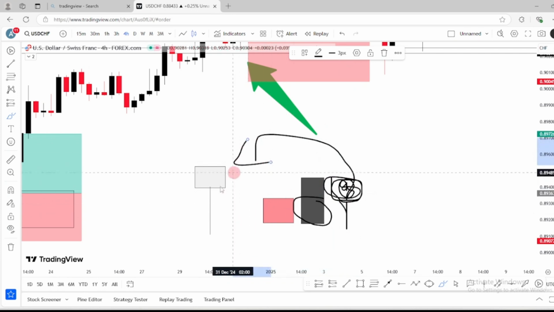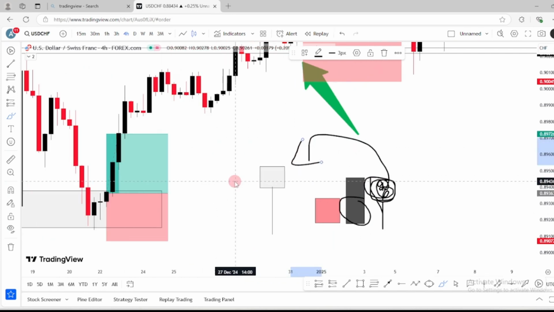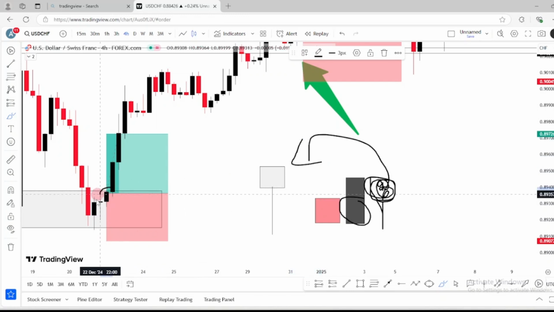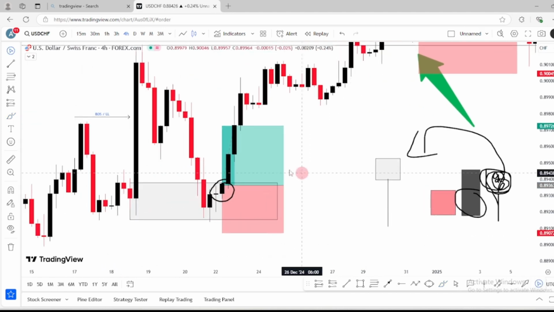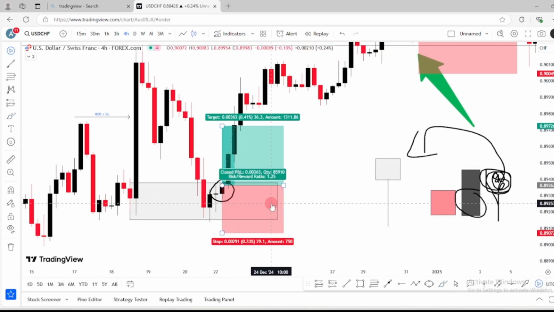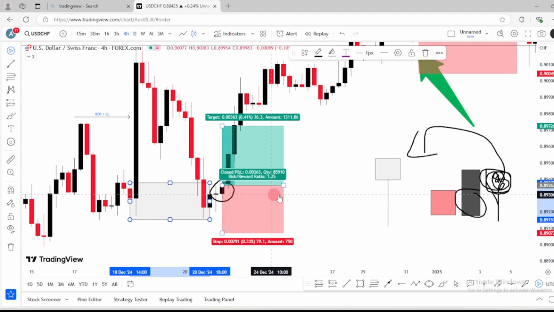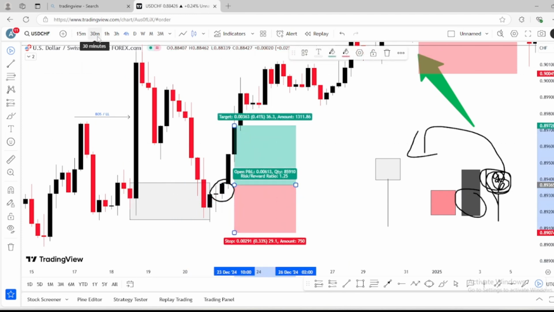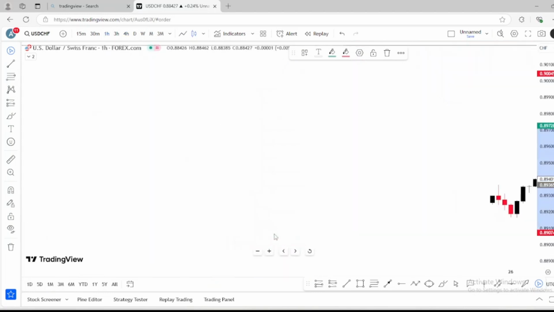So when you see a hammer, when you go to the immediate lower time frame, it's going to be a bullish engulfing. So this hammer that we are seeing right here, when we move to the lower time frame, you're going to see a bullish engulfing. We can go and check. So let's go to the 1 hour.